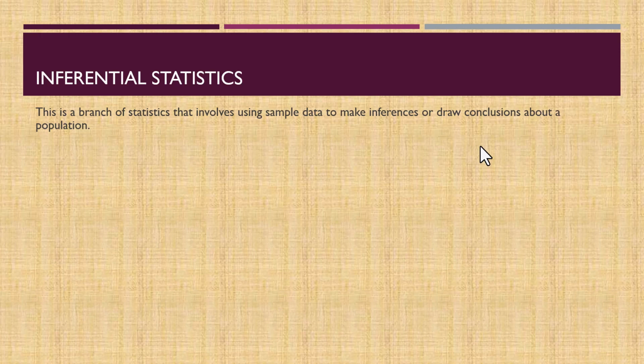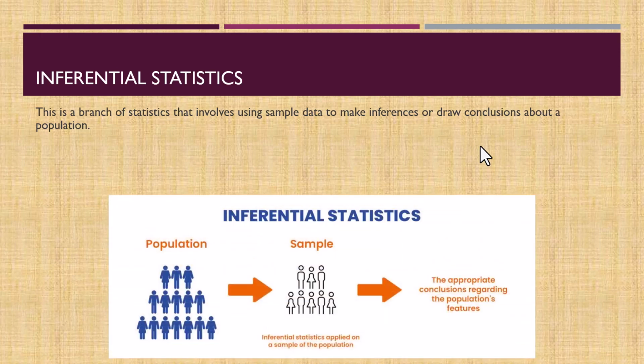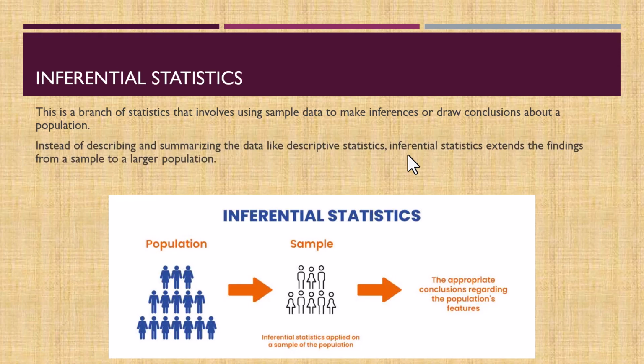But you may take samples from the population, and those samples can help you make conclusions about the book readers. So in inferential statistics, as I've explained, we have a population. From the population, you pick a sample, and then from the sample, you draw some conclusions regarding the population's features. So instead of describing and summarizing the data like descriptive statistics, inferential statistics extends the findings from a sample to a larger population.